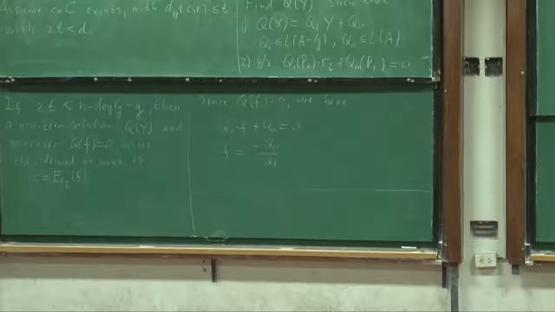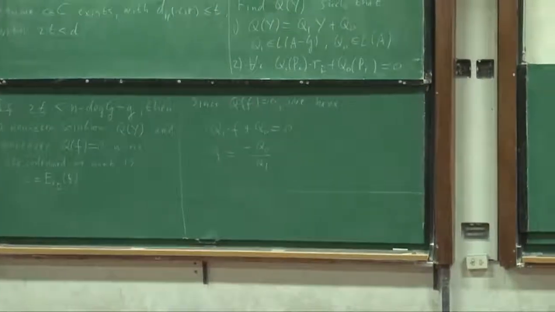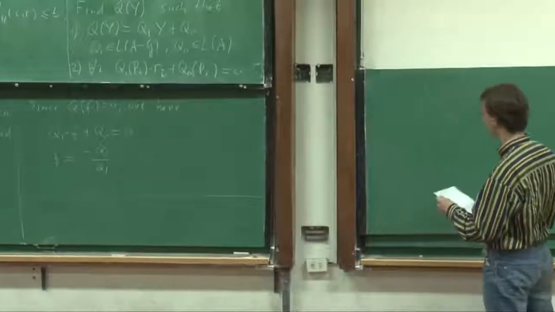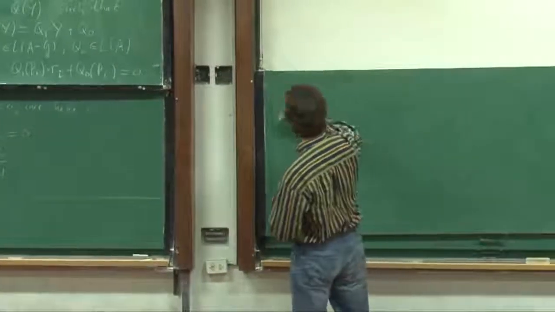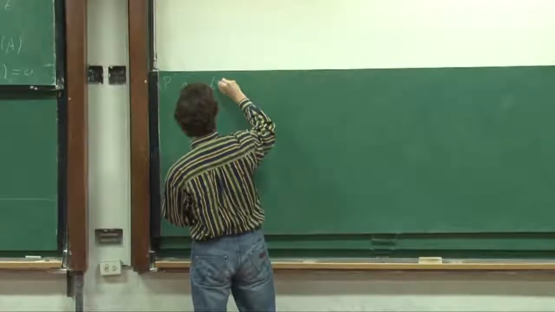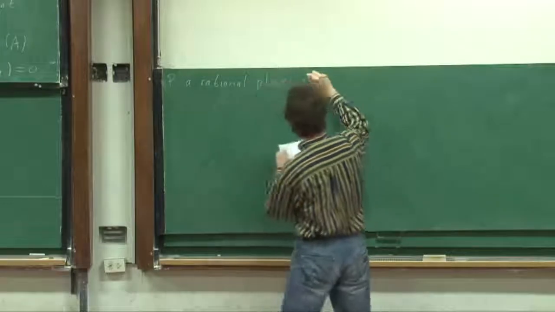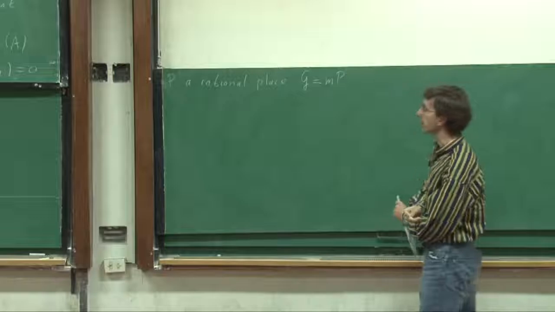Now, as a start for that, I started talking about a different bound for the minimum distance, but that is very much related to getting rid of this minus g. So what did I do? I specialized to a somewhat particular case where the divisor g we look at is a multiple of a rational place.